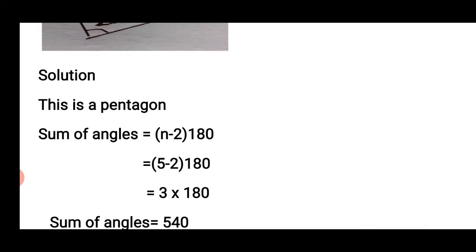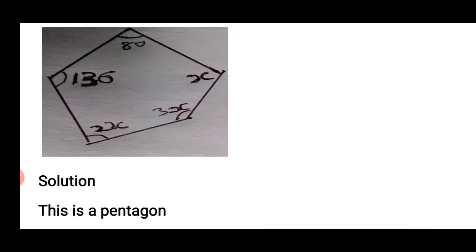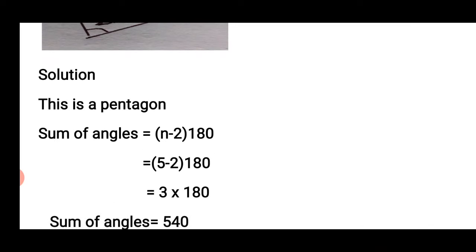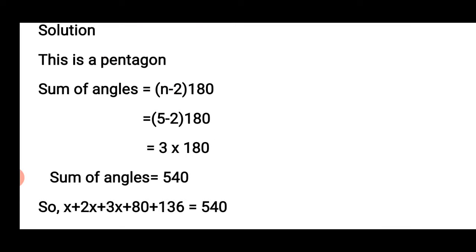Now look at your diagram. See the given angles and the letters. We have x, 2x, 3x, 80 and 136 degrees. We are going to add everything. When we add everything together, we equate it to 540 because the sum of angles in the pentagon is 540.